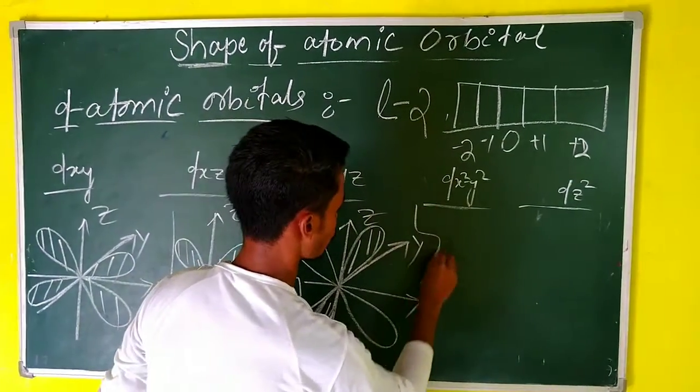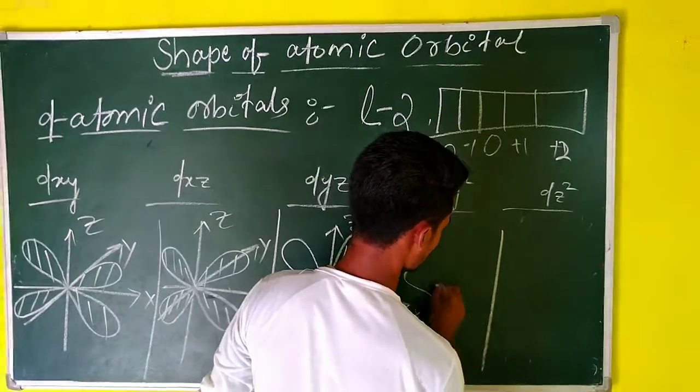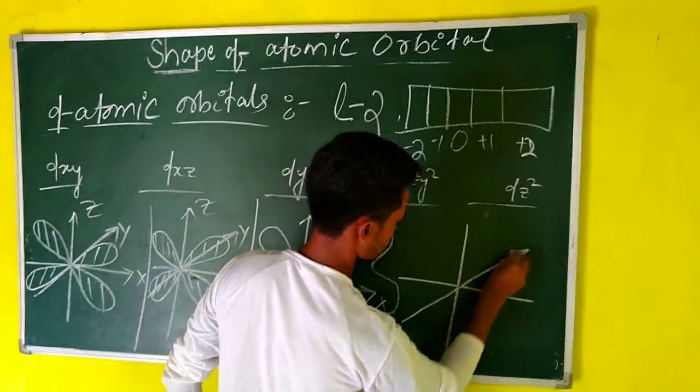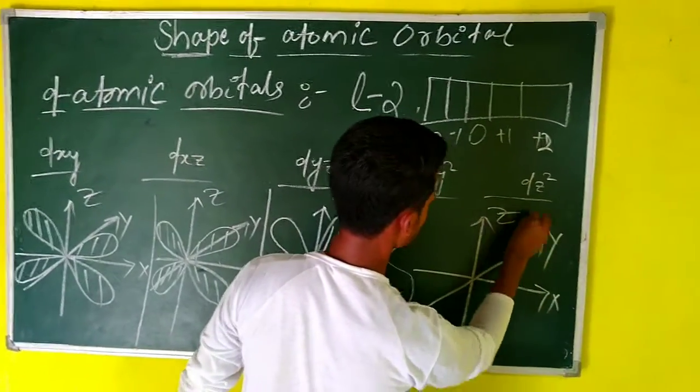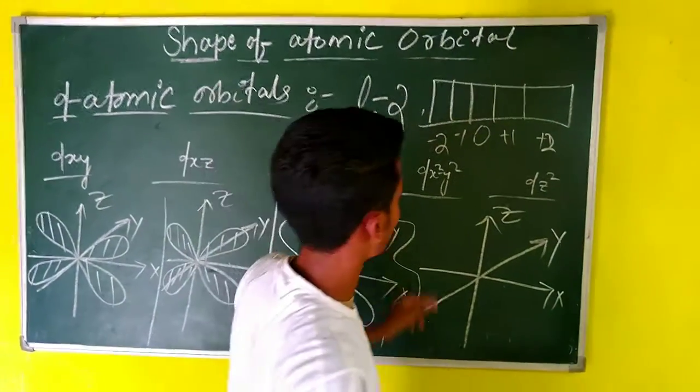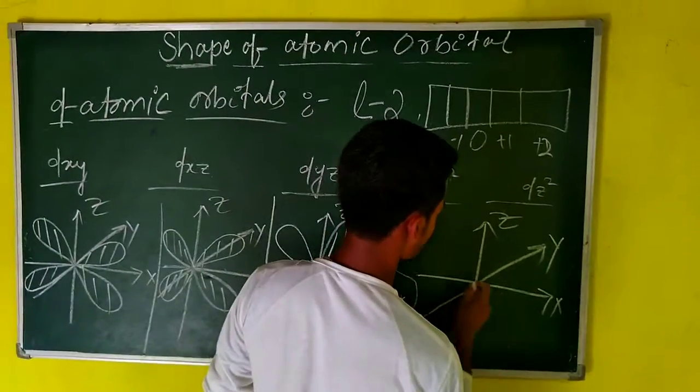Then comes dx square minus y square. X, Y, Z. Dumbbell shapes are present along the x axis and y axis.